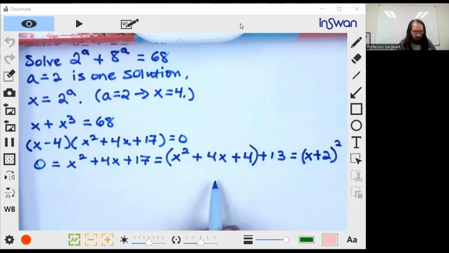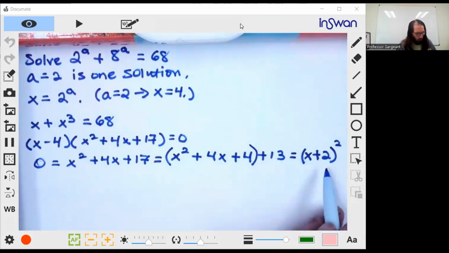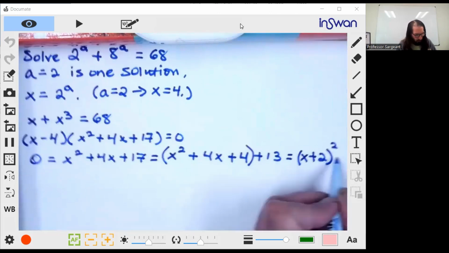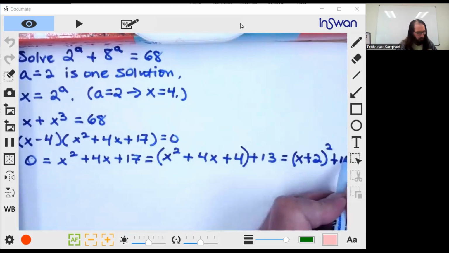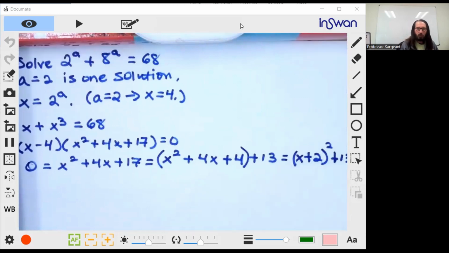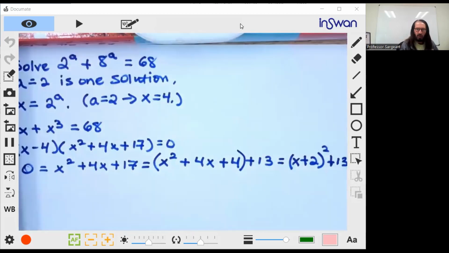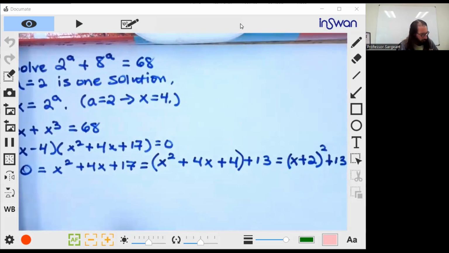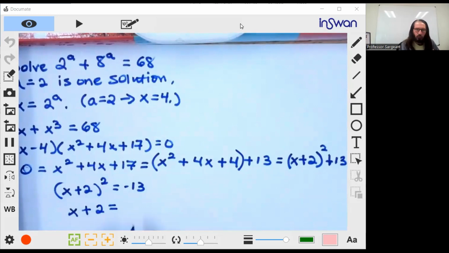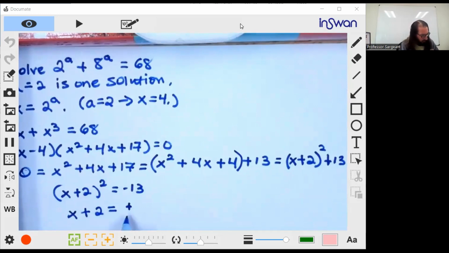Factoring x squared plus 4x plus 4 would give me the quantity x plus 2 squared, and then I have the plus 13. So I'm going to subtract 13 from both sides. Take the square root of both sides and include a plus or minus in front of that square root.